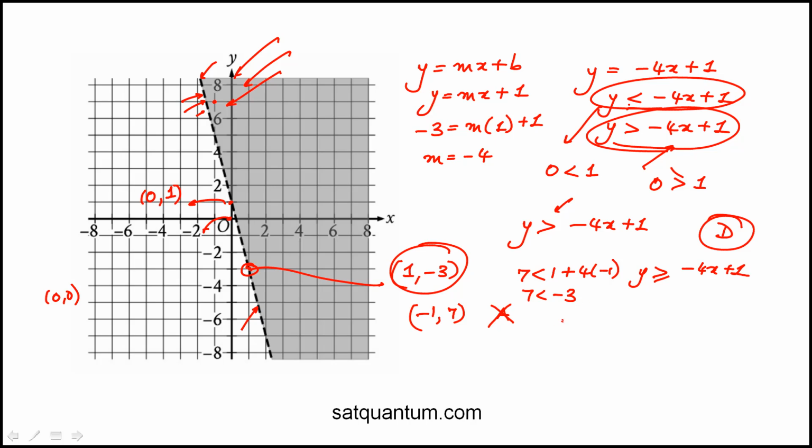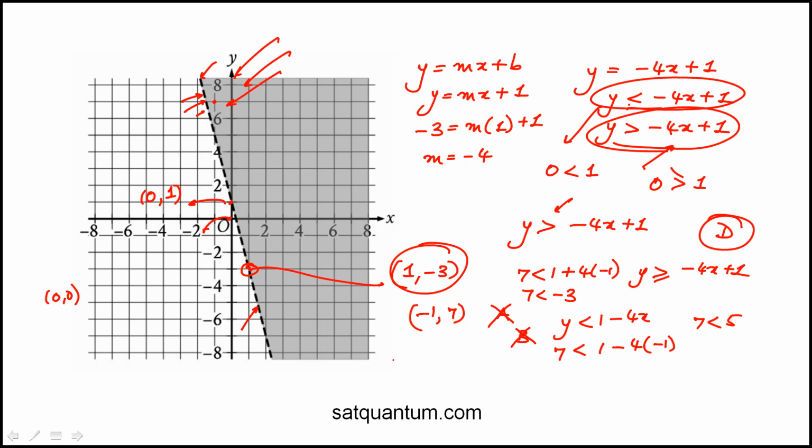B is y is less than 1 minus 4x. So 7 is less than 1 minus 4 times -1, and this is 1 plus 4, which is 5. Again, that's not true. So B is out.